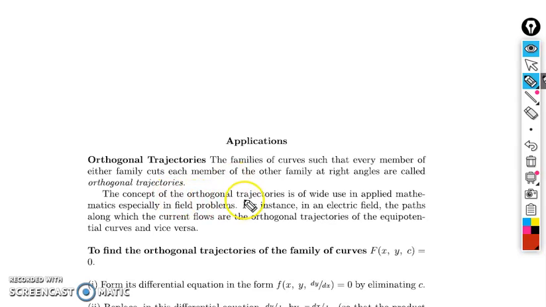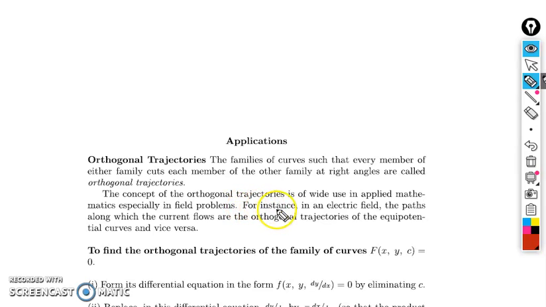The concept of the orthogonal trajectory is widely used in mathematical applications, especially in field problems. When electrical engineers, electronics engineers, or computer science engineers study field theory or other theories, they should use the orthogonal trajectory.